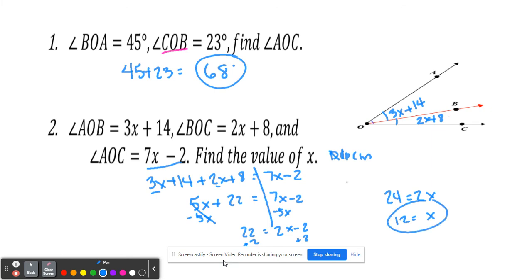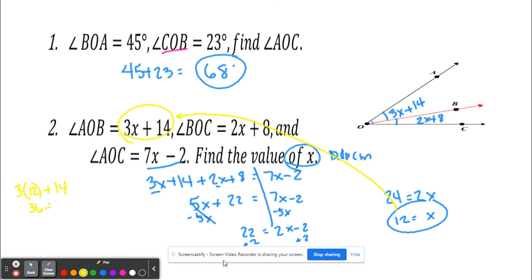Now be sure we always read what it's asking for. This happened to be asking for x, so I'm done. I can stop right there. However, if it actually asked me for one of these angle measurements, let's say it asked for angle AOB, then I'm going to have to take this 12 and plug it back into my problem. So I would have 3 times 12 plus 14.